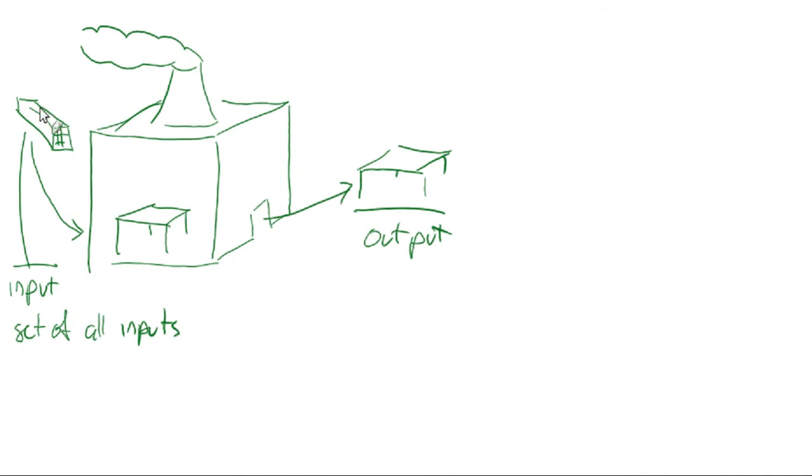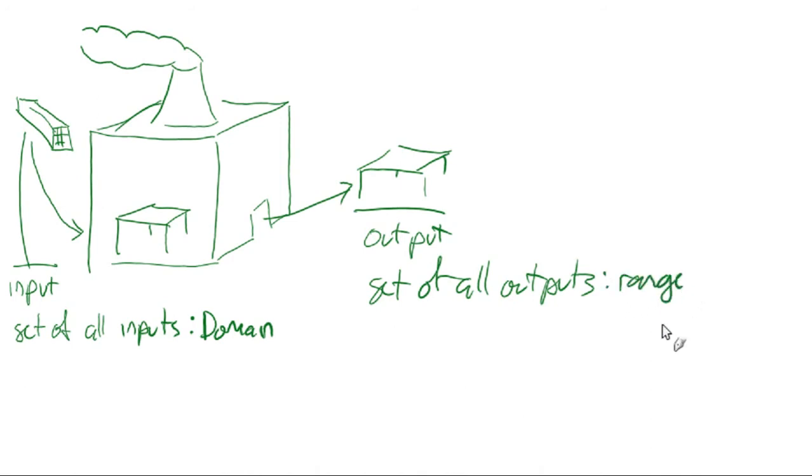So let's say all the different kinds of wood you could use, cherry and oak and pine and walnut and maple, and all these different kinds of woods. And the outputs, all the different kinds of tables they would make, just tables that are made out of those kinds of wood. A set of all outputs is called the range. Okay?